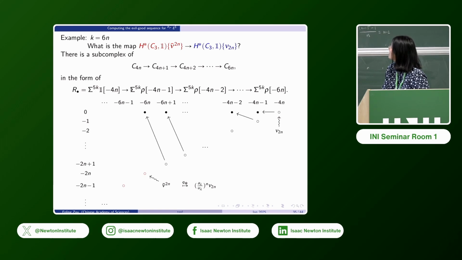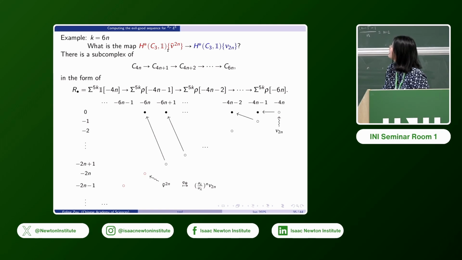But in the overall thing, you have these black dots, so you have these differentials canceling these white dots with their companion, and then you end up starting from here, these ones, and from here, the V bar 2n.